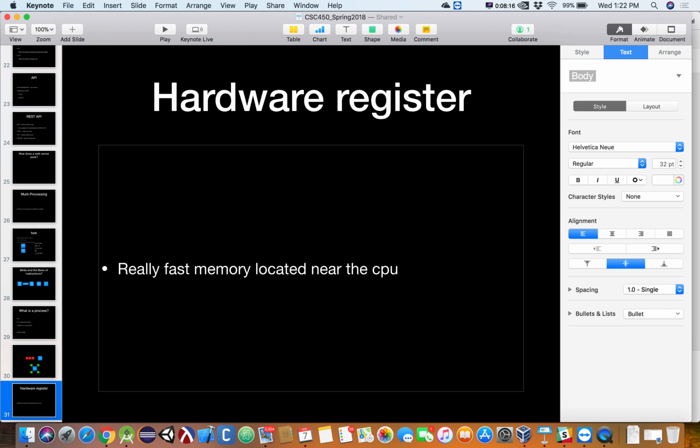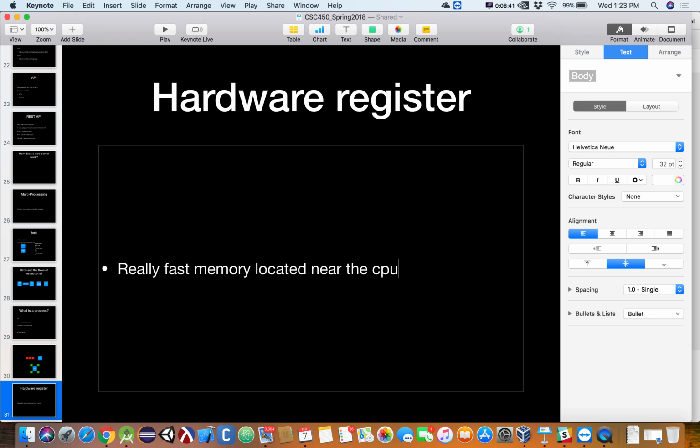So after we get past your hardware registers, then we move into L1, L2, L3 cache. Those tend to get bigger and bigger in size, slower and slower, and farther away from the processor. And then we get to our system memory, our RAM, and compared to our hard drive, RAM is really, really fast. Compared to a register, RAM is slow motion.